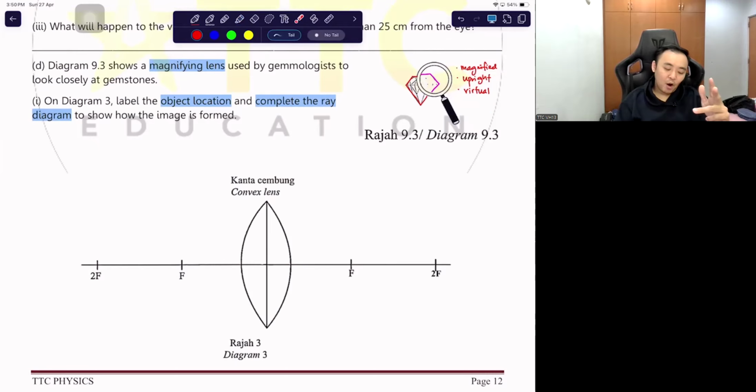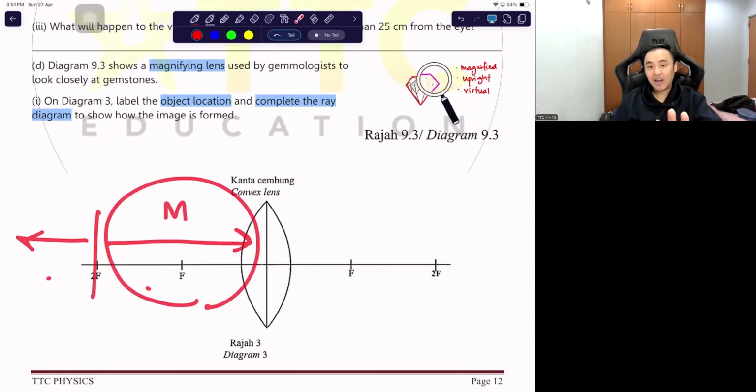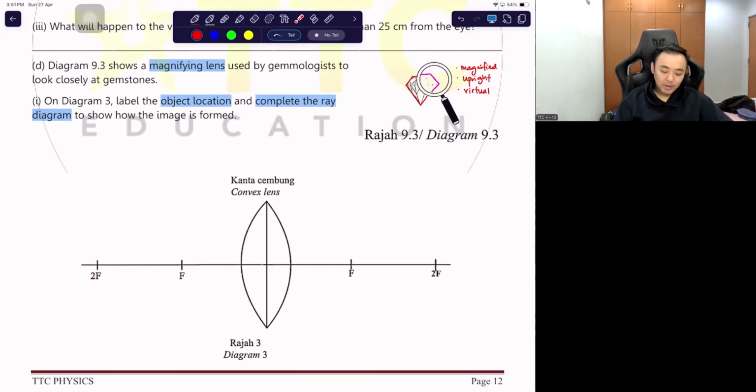Should I put it before or after 2F? Okay, sorry. Should I put it before or after 2F? Before, after. If I want magnified first. Okay, you should put here, right? This region, right? Okay, guys, listen. This is 2F. This region is called before 2F, because you measure anything also, right? You start from the lens.